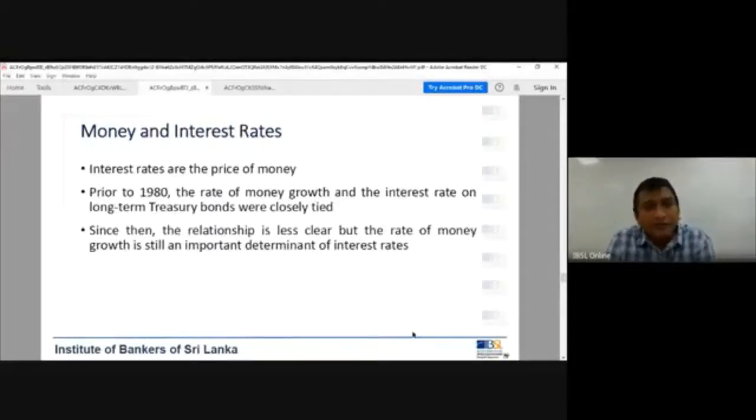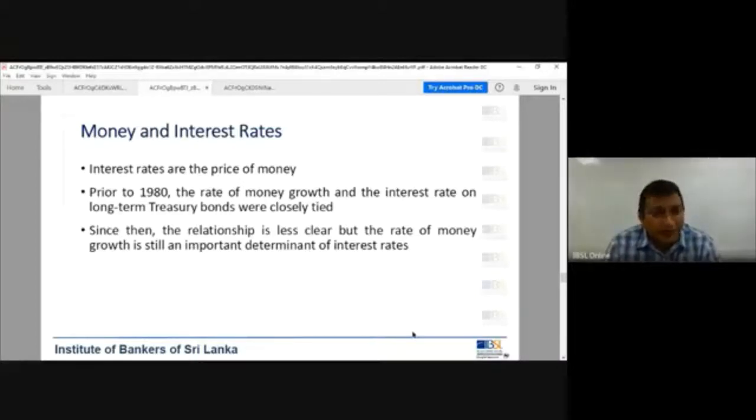So you see here, we also look at so-called money and interest rates, and you probably already are aware that interest rate is nothing but the price of money, or the rental income of money that we discussed in the last discussion. But what is important here is we will get into this interest rate business in greater detail as we move on.